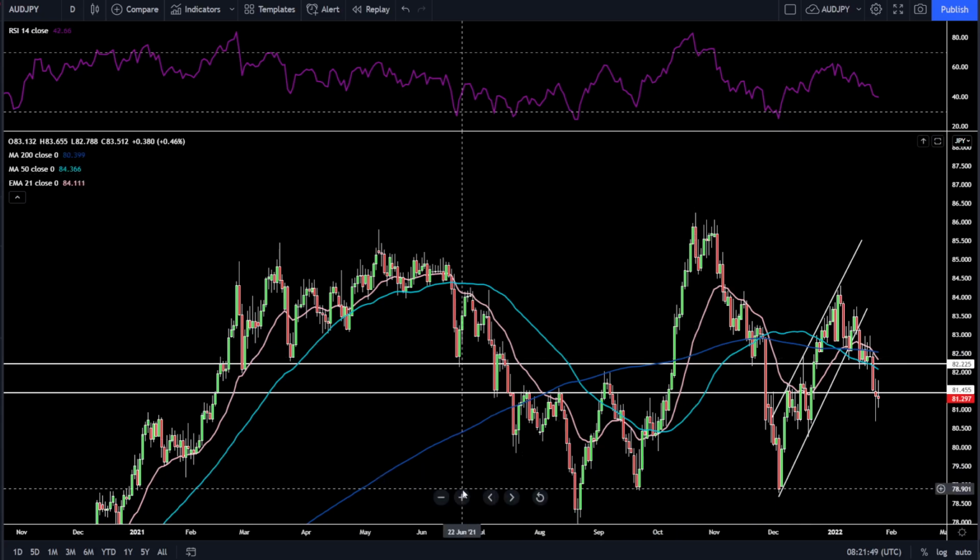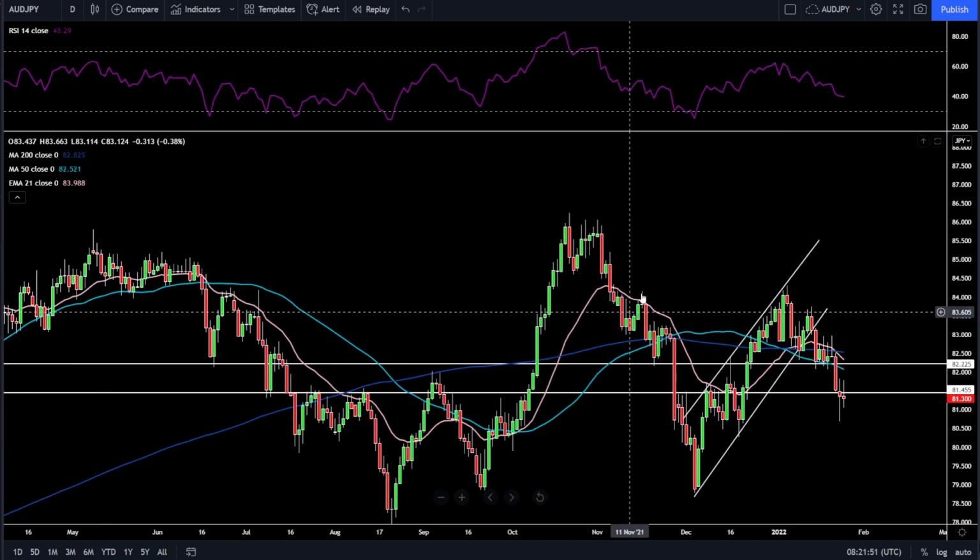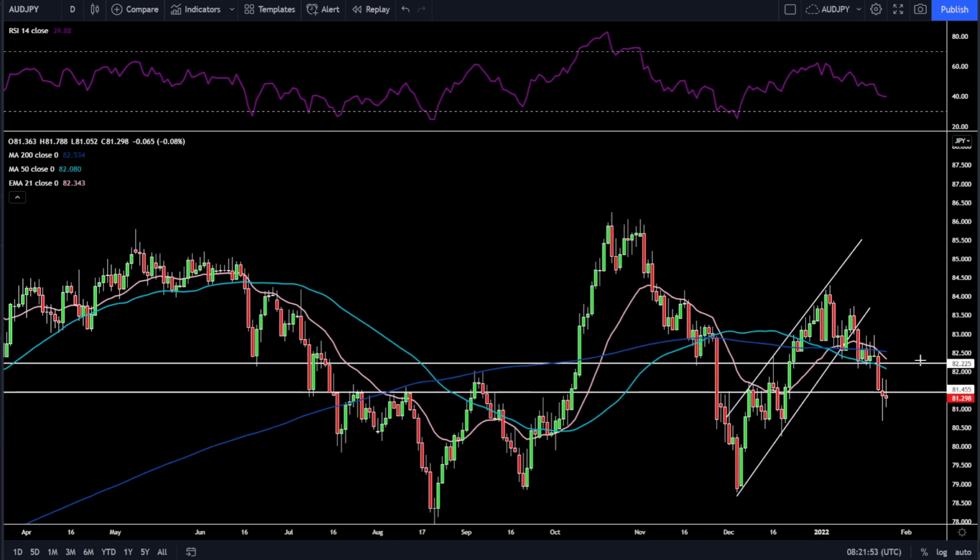And then moving on, I like to always check out AUD-JPY. It's a key risk barometer, risk sensitive currency. We can see here, it's broken out of its ascending channel, it's cut through some key moving averages, it's broken through key levels of support 82.50, it's broken through 81.50, and now it's making this doji candle. We got all the way down yesterday to about 80.50, but now price is pushing a bit higher.